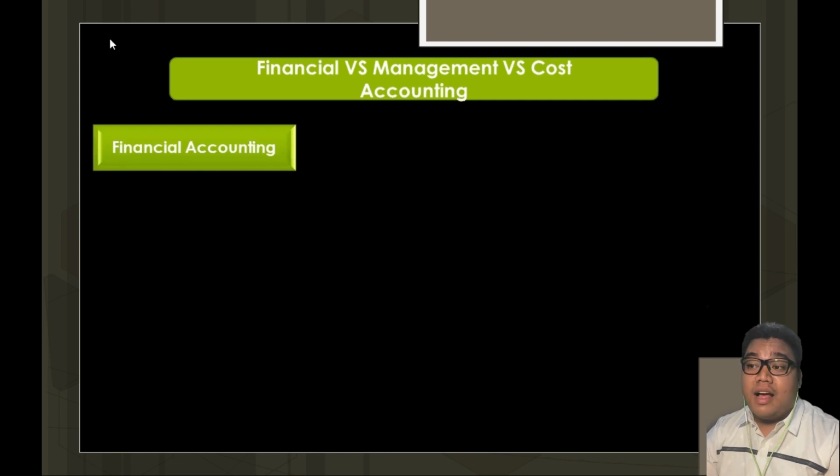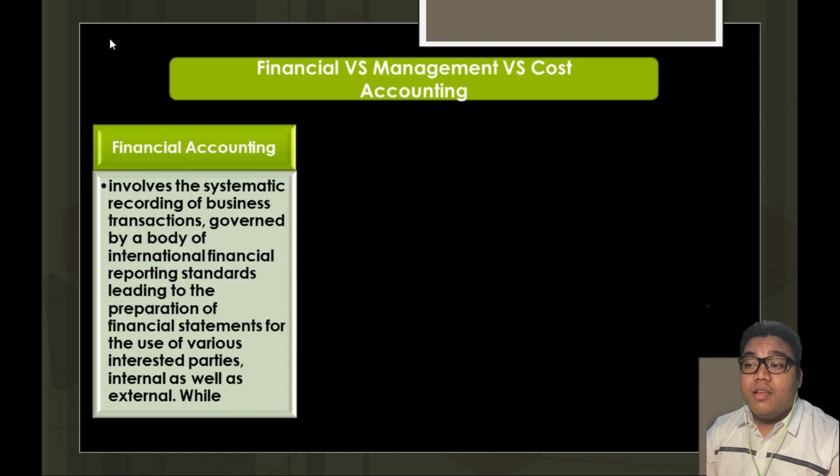What is financial accounting? It involves recording of business transactions, which is governed by a body of financial reporting standards, leading to preparation of financial statements that are for use of various interested parties, internal as well as external.